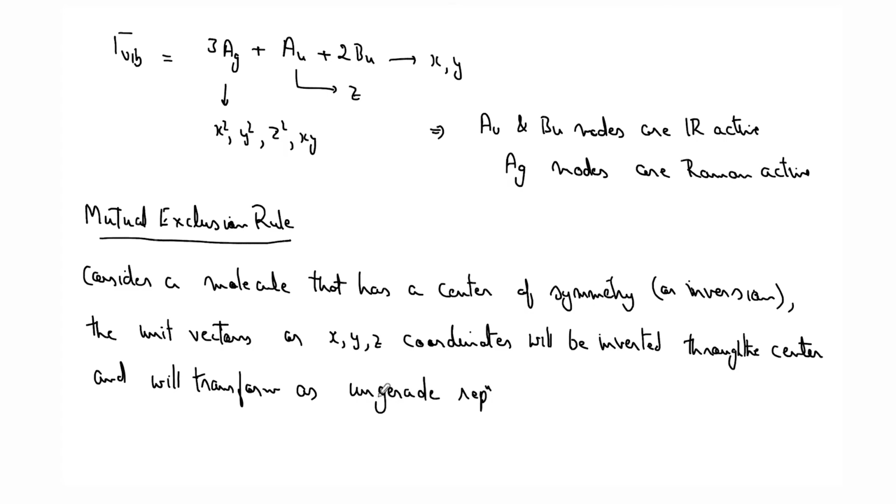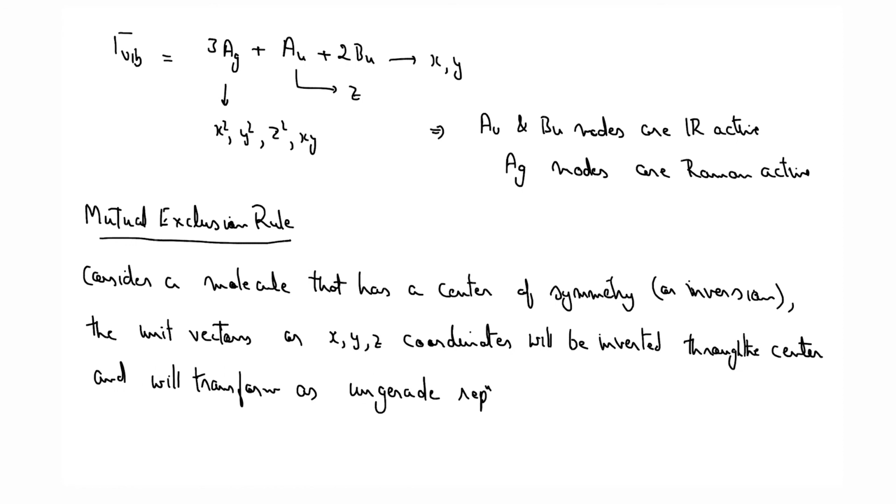So their irreducible representation would always have u as the subscript, right? Because under symmetry operation i, x, y, and z will always have a minus sign, right? So a minus sign under i means ungerade representation.